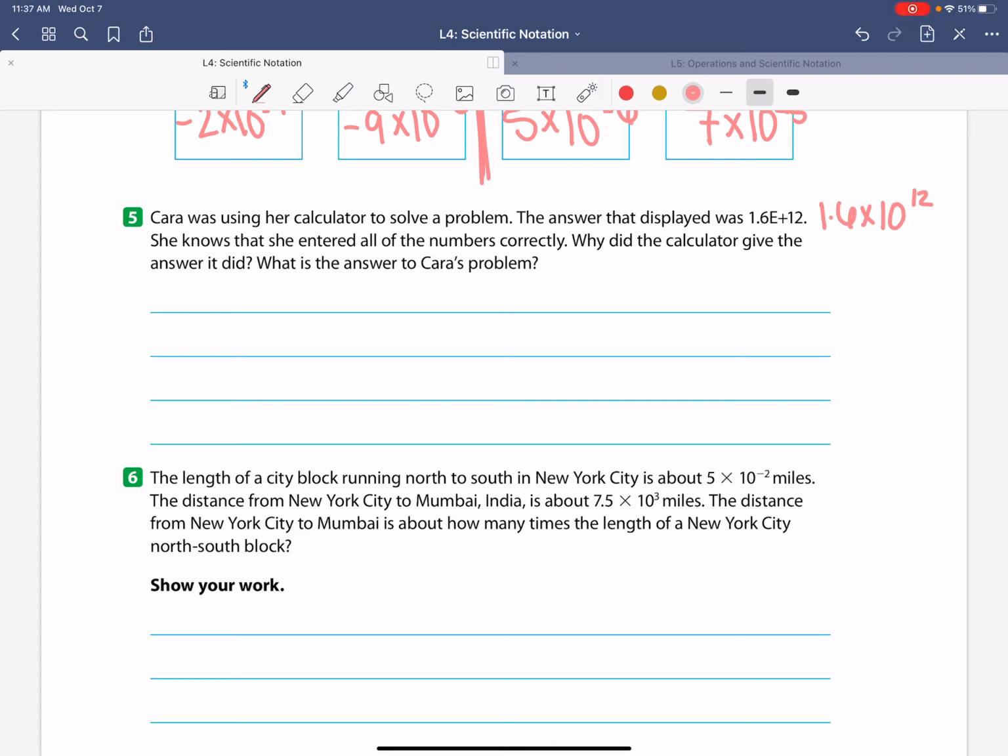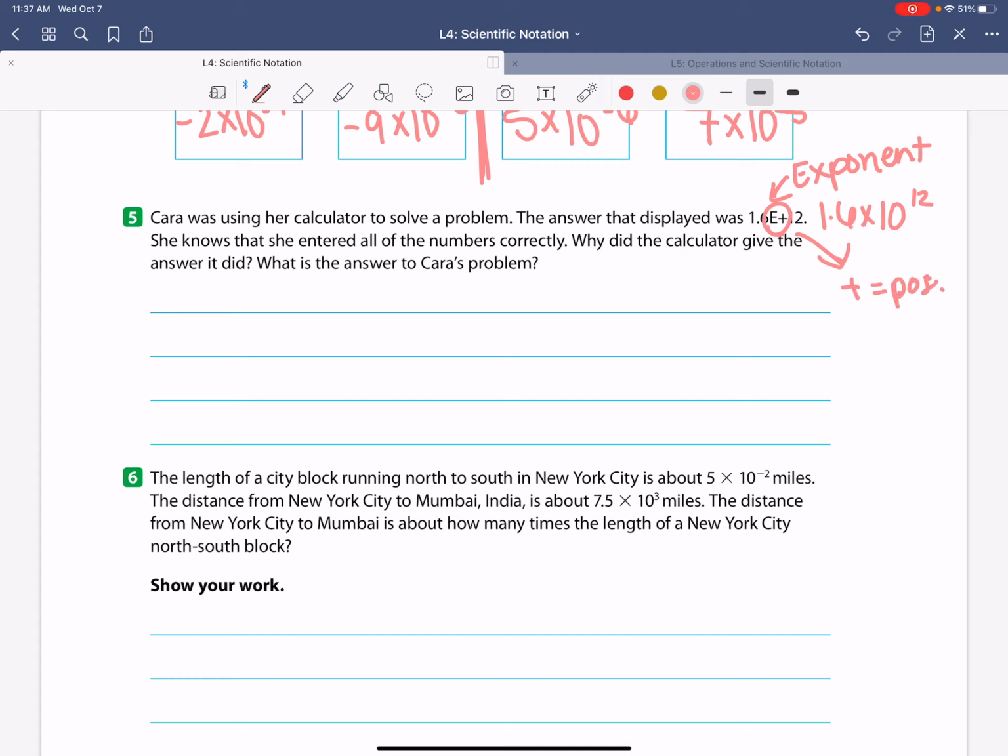So when you see the e to the 12th power or to the plus 12, that just means it's times 10 to the positive exponent. Okay, the e just means exponent. And then the plus means that the exponent's positive.